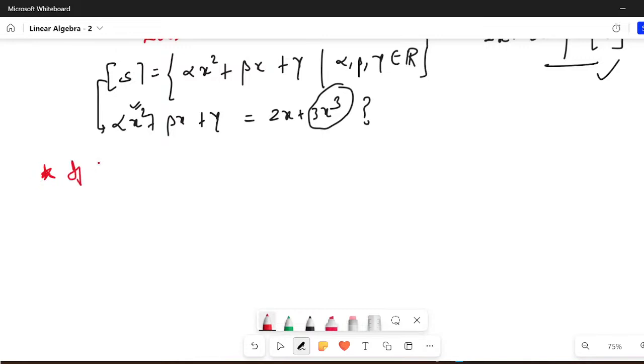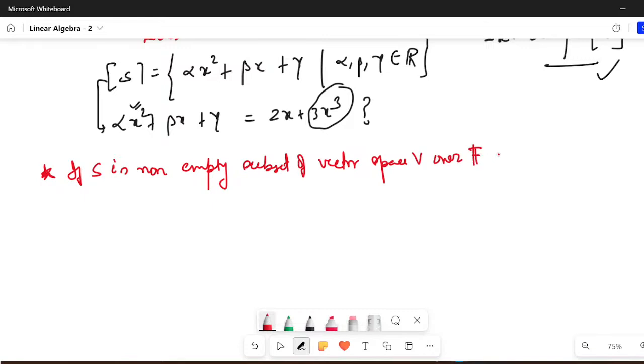Just remember that if S happens to be a non-empty subset of a vector space V over field F, then the linear span of S is a subspace of V. Just remember this as a result.